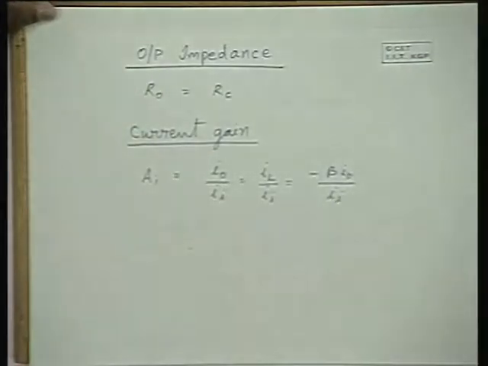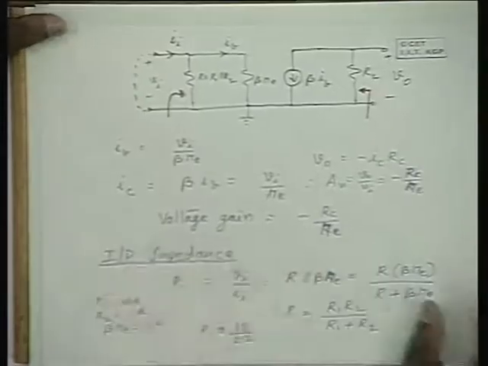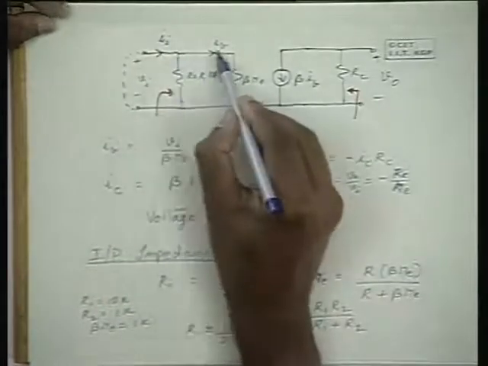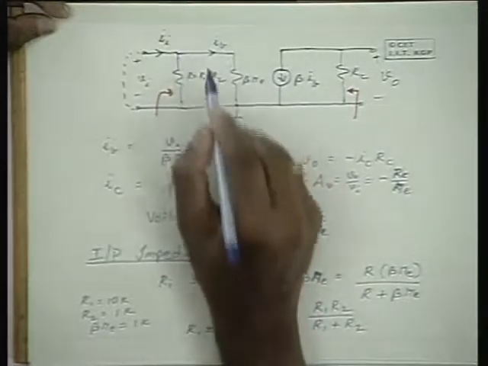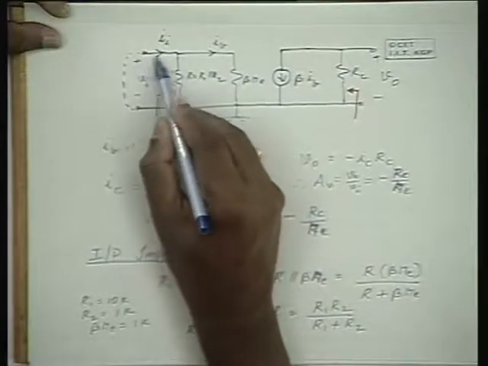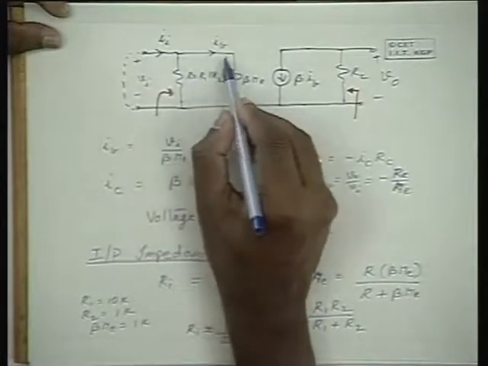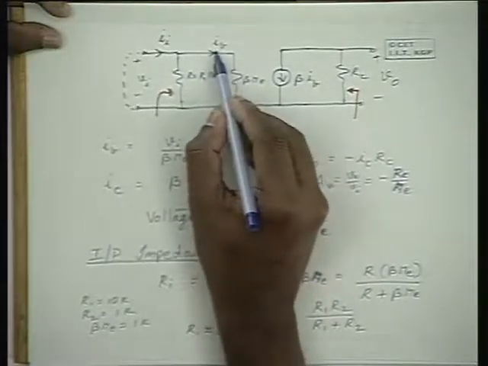Now II can be expressed by looking at the equivalent circuit here. II and IB are related. So how are they related? II gets shared between this resistance and this resistance, and the net result is IB.